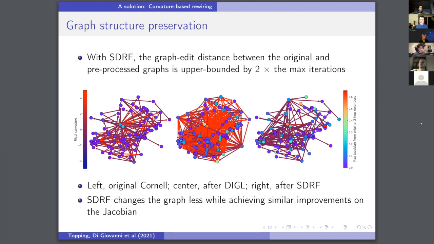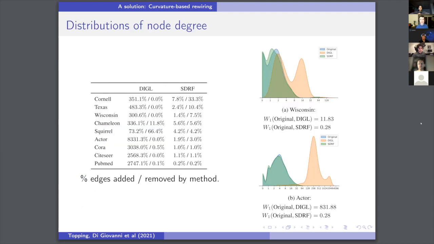But as we discussed, the more iterative and surgical process has preserved the graph structure, or the distribution of node degree, more. If we look at some statistics surrounding that, on the left we can see a table of the percentage of edges added and removed by each method, as performed best in the experiments.